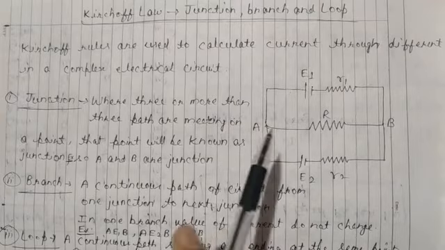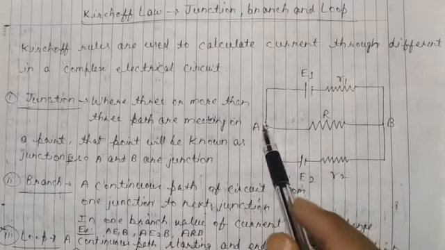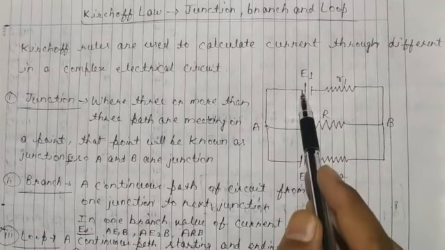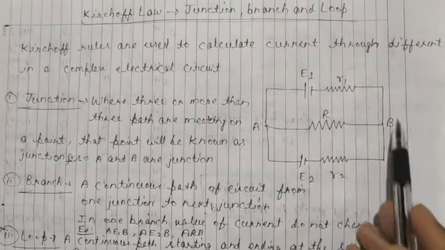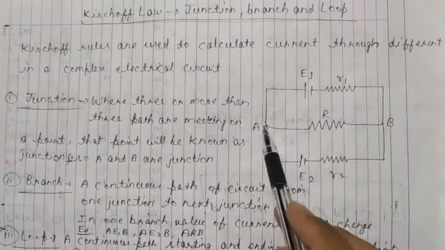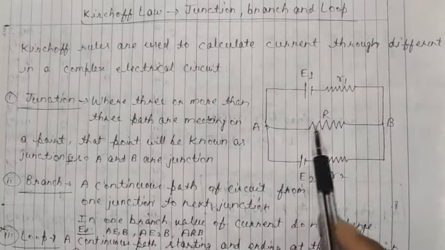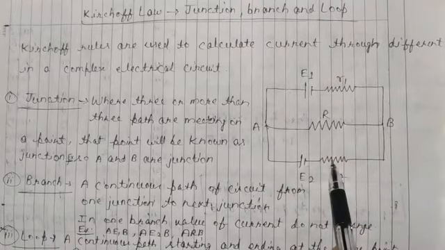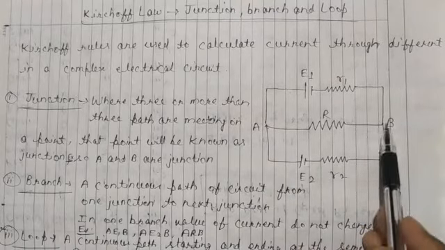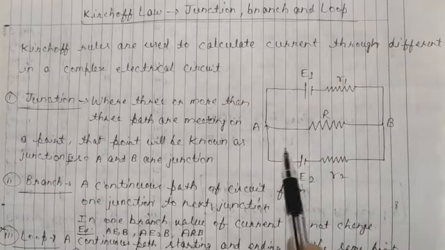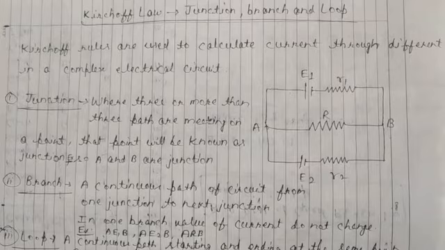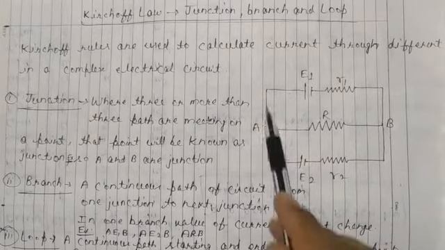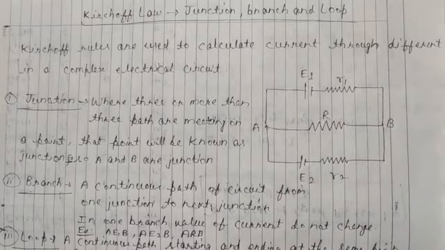Now here, what are those loops? Number 1, A, E1, R1, B, R, A. This is one loop. Second, A, R, B, R1, E to A. This is another loop. So these are two loops, first loop and second loop.